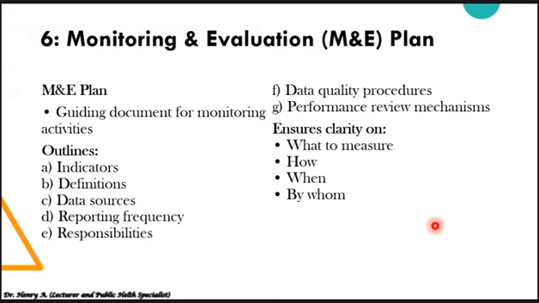The responsibilities, who does what? And then data quality procedures, and then performance review mechanisms. This will ensure that there is clarity on what to measure, how it should be measured, when it should be measured, and by whom, who is to do the measurement.